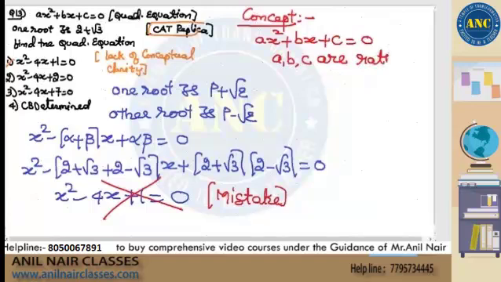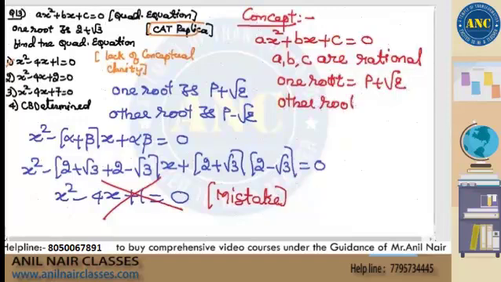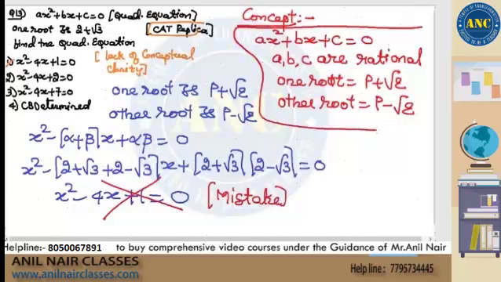If one root is p plus root q, another root will become p minus root q. Only if one root is p plus root q, another root will become p minus root q. This is only possible when a, b, c are rational.